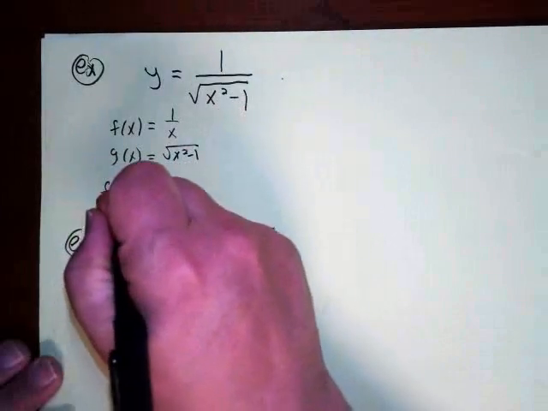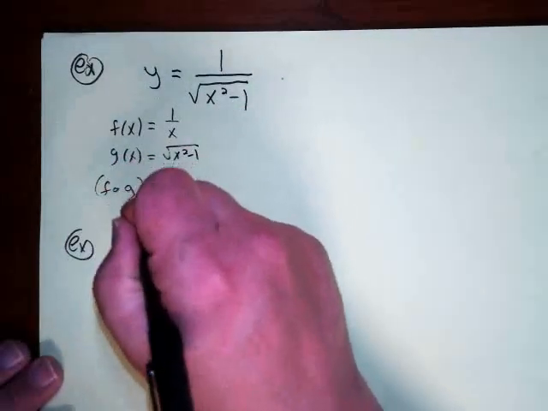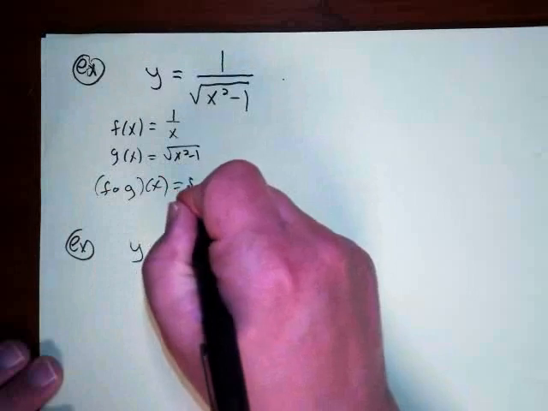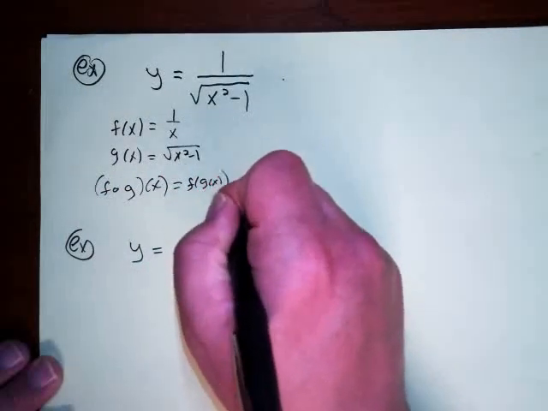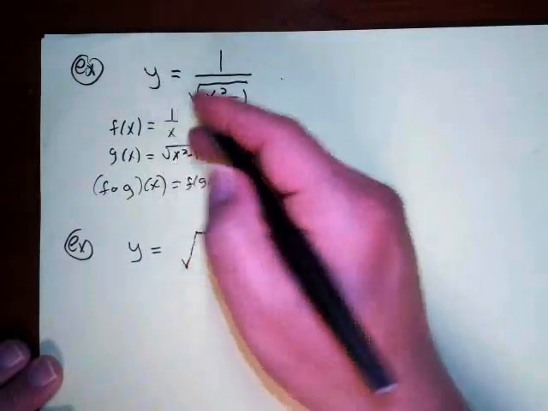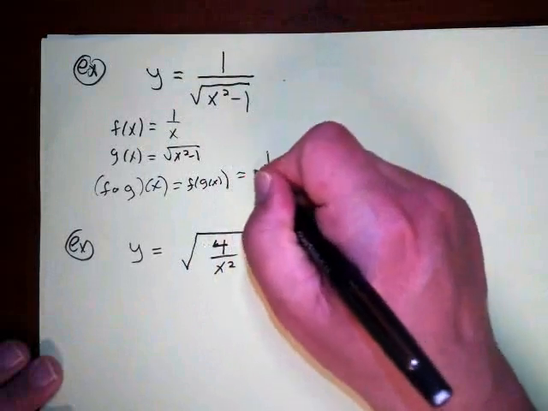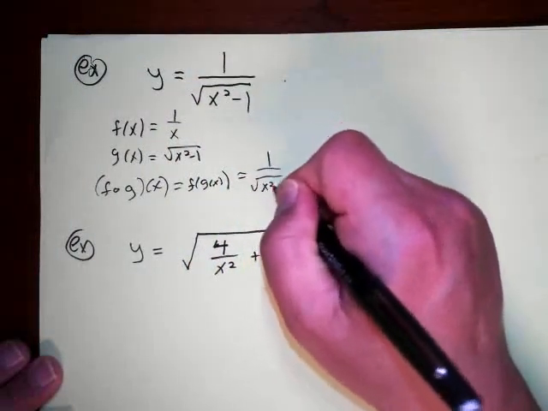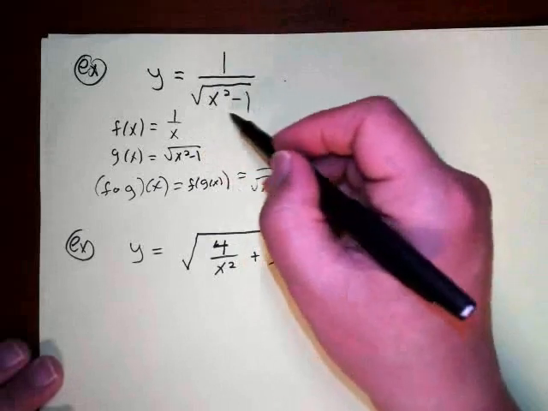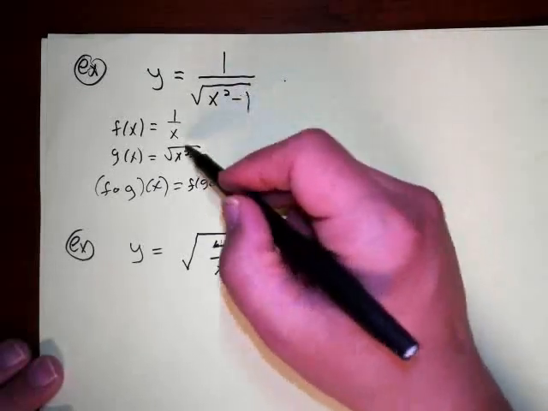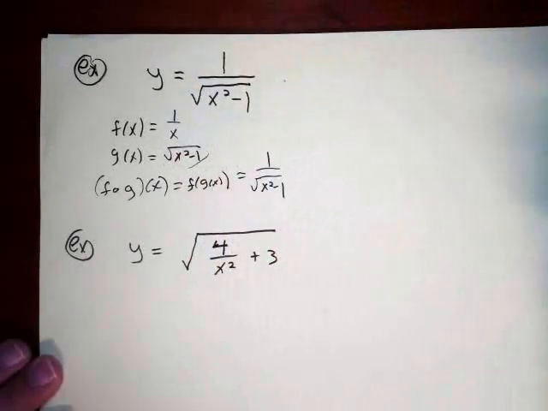And that way, if I do f of g of x, I'm placing g of x inside there, I would get 1 over x squared minus 1. So this could be my outside function, right? That whole thing, and that could be my inside function.